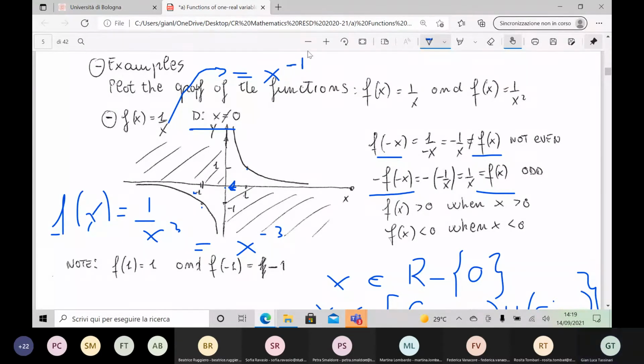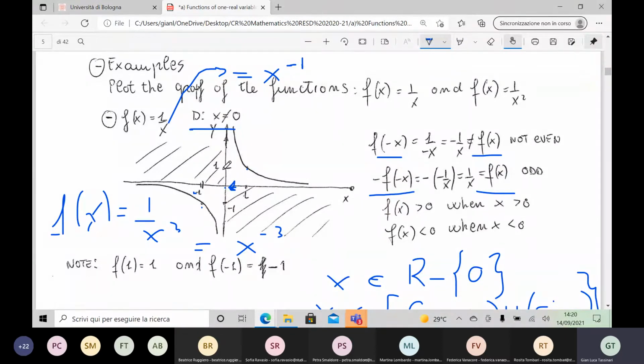So if you repeat this analysis with 1 over x to the power 3, 1 over x to the power 5, 1 over x to the power 7, you get again a very similar pattern. All the power functions with negative, odd, integer exponents are defined on all R without the 0, so they are not defined on the origin.